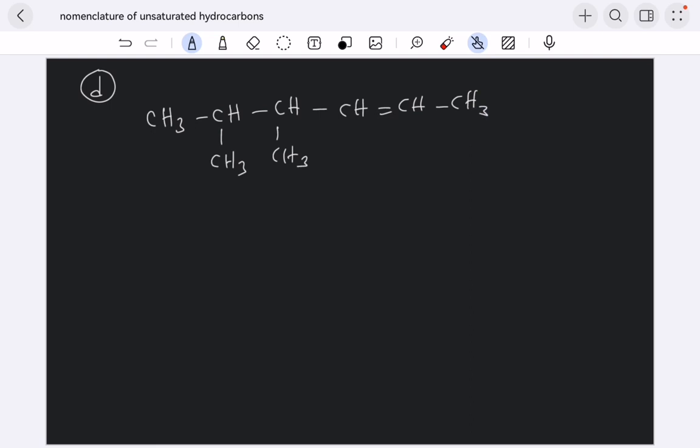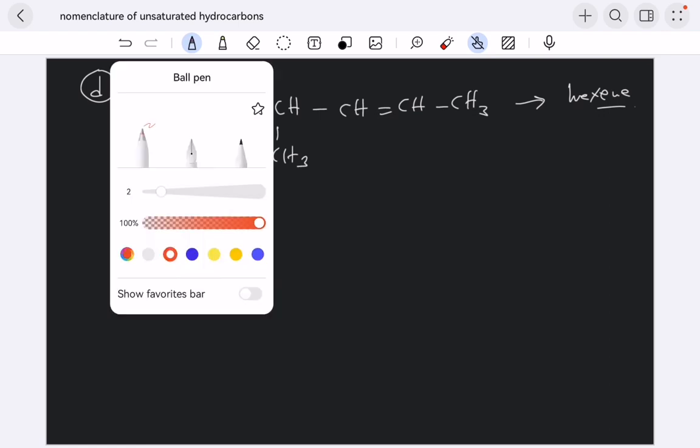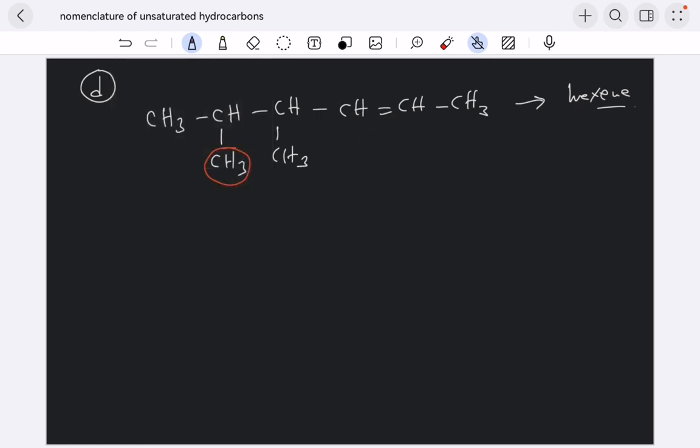So in this case, we are considering this as 1, 2, 3, 4, 5, 6, the longest chain. So the longest chain is hexane, 6. So this is a substituent and that is a substituent. So we have a methyl and another methyl.